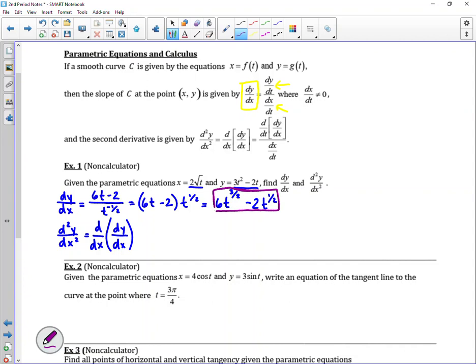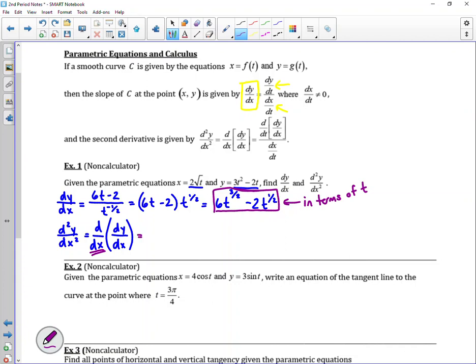So if I take the derivative of this, I can't just straight take it, because we want it in terms of x. How do I take the derivative of something in terms of a different variable? Implicit differentiation, right? Okay, so good.